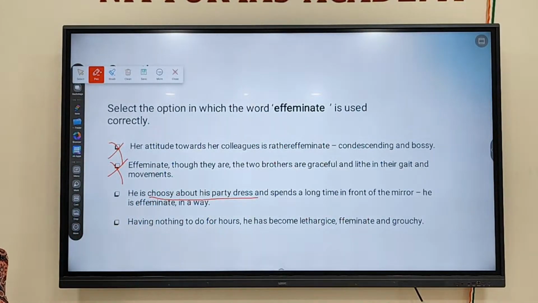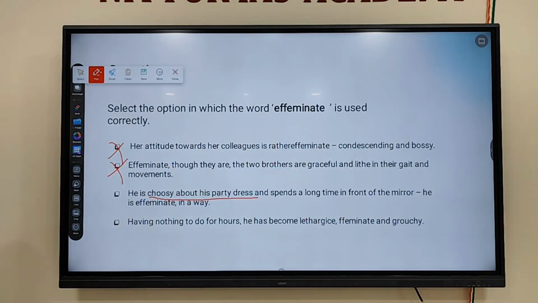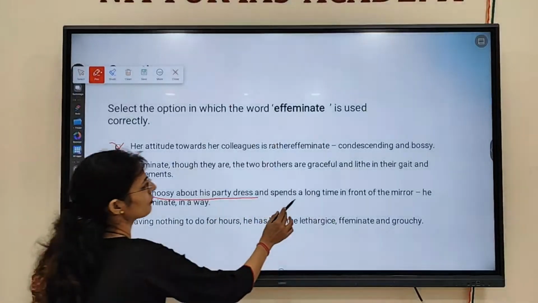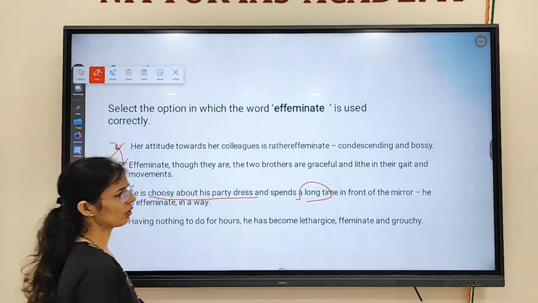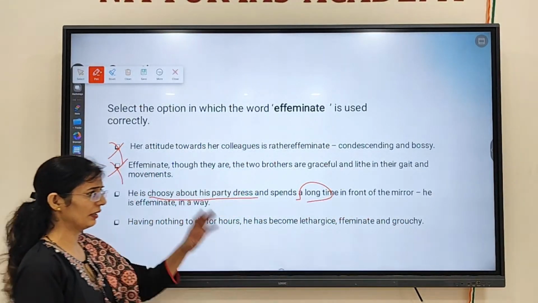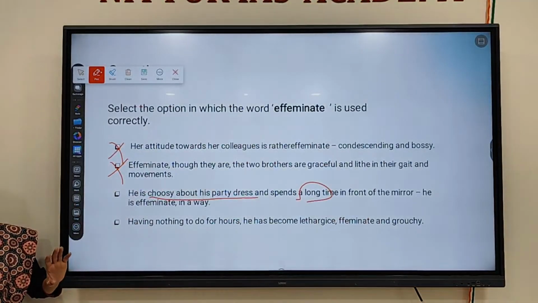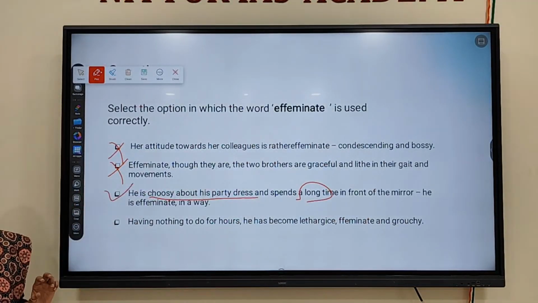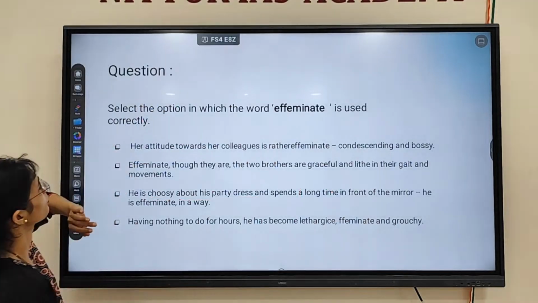So women are stereotyped, though there might be women who are not into too much getting dressed, or they might not take long time, or they might not spend long time in front of the mirror. But in a general way, generalizing women, we would consider the third option to be correct, right? Correct use of the word effeminate.